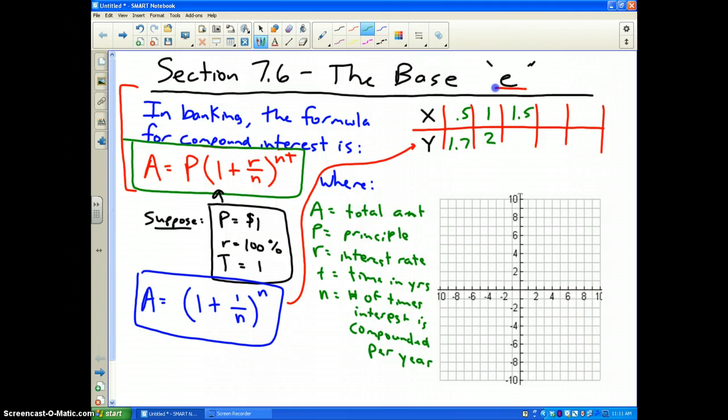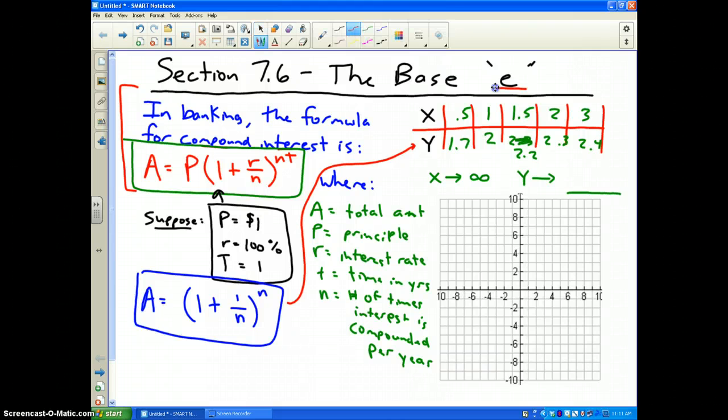At 1.5, my y value is 2.3. At 2, my y value is about 2.2, and at 3, I'd get about 2.4. Now, if you kept going, as x approaches infinity, you're going to find out that the y value approaches a certain number, which we will talk about here in just a second.